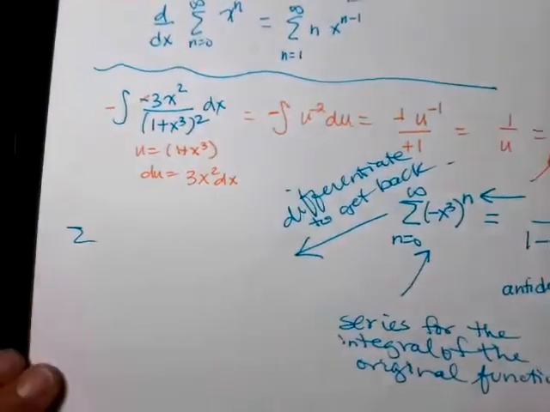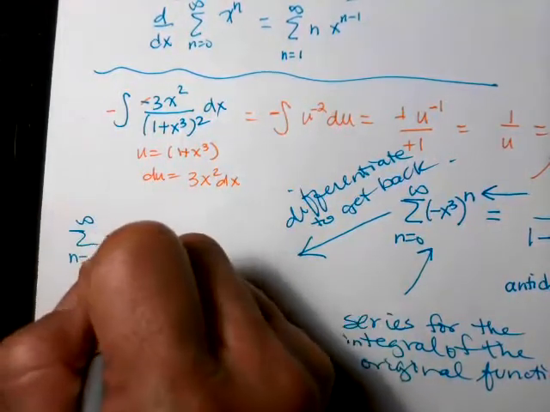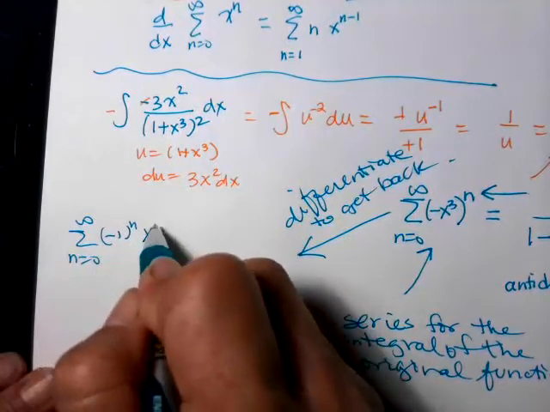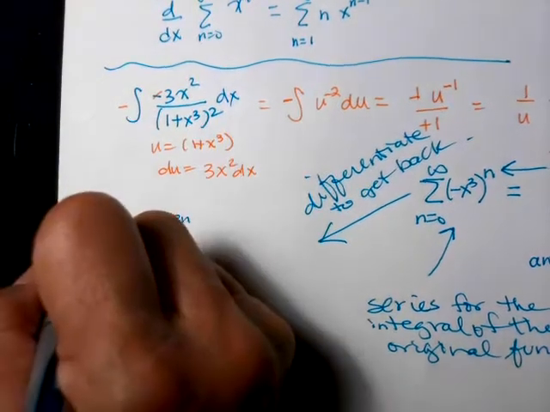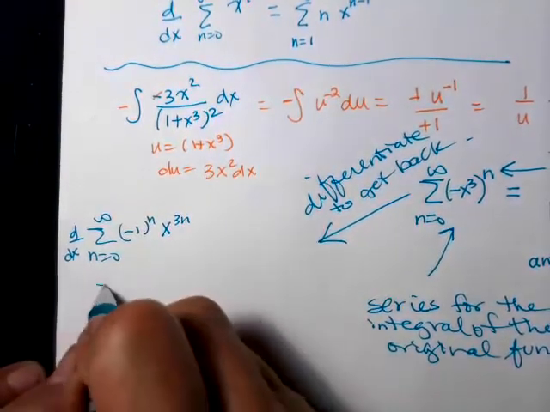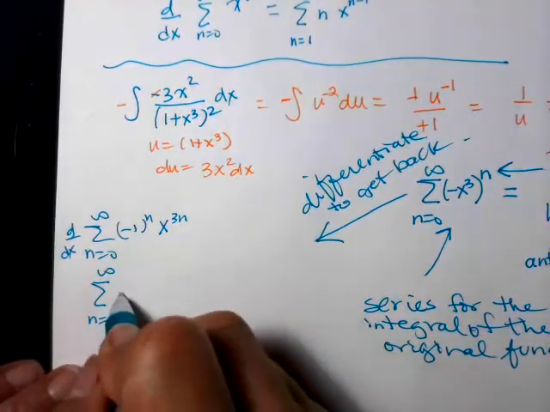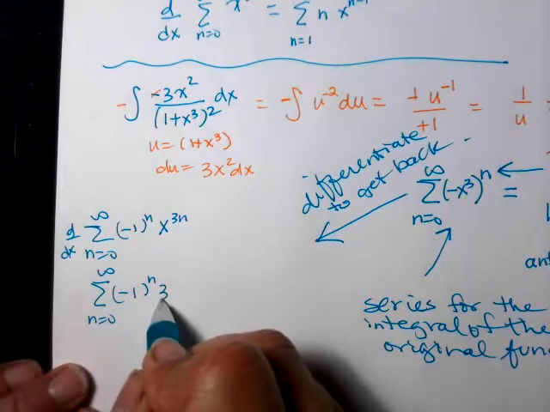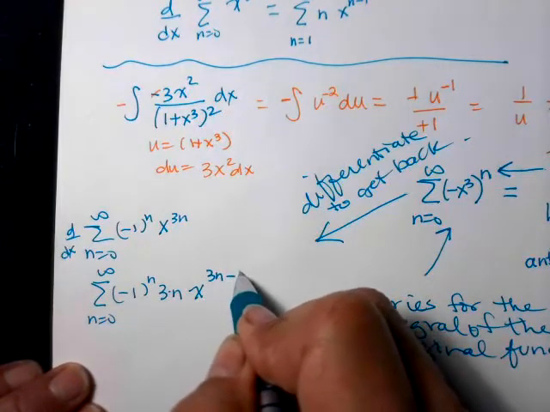So if I rewrite that series, the sum from n equals 0 to infinity of negative 1 to the n, x to the 3n. So we'll take the derivative with respect to x. It's going to stay the series, with my negative 1 to the n still, and then I will have a 3 times n, x to the 3n minus 1.